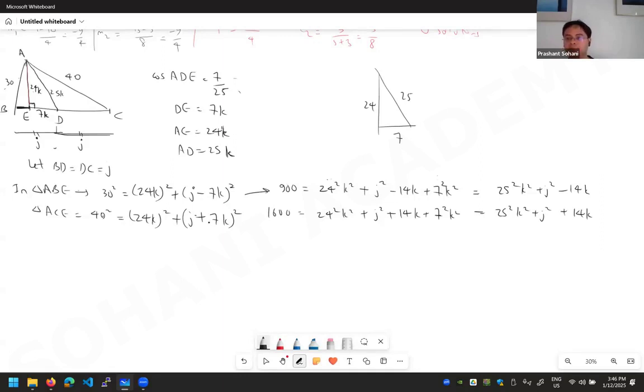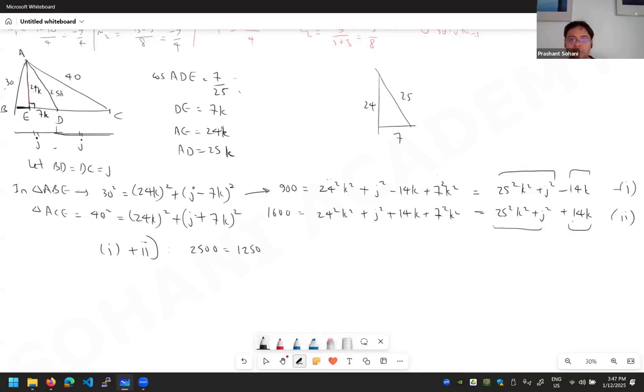Okay. So I know this term and this term have this minus this and this plus this, right? So I can just add and subtract these equations to get the individual values. If I call these equation 1 and 2, then if I add equation 1 and 2, I'm going to get 2500 is equal to 14k cancels, and I will get 50. Oh sorry, 25 square is 625, right?